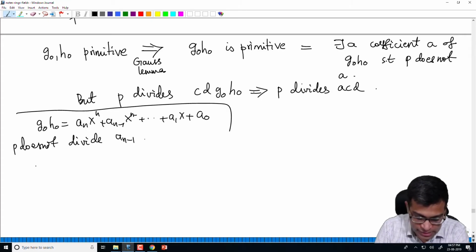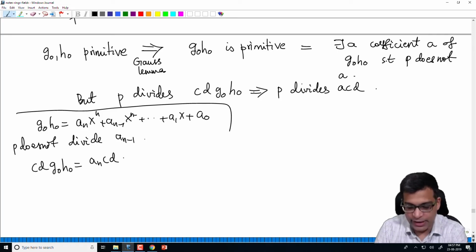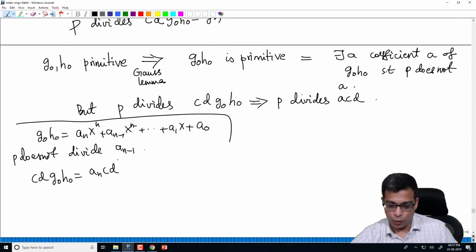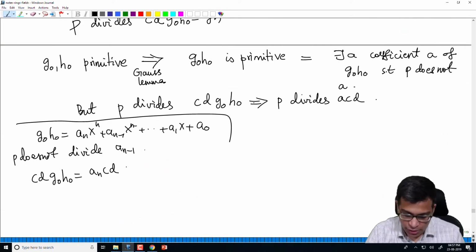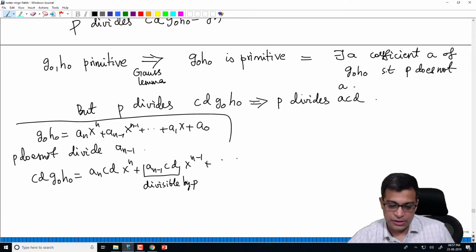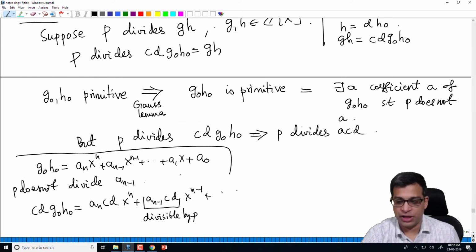Then what is c d g0 h0? It is a_n c d x^n, a_(n-1) c d x^(n-1) and so on. c and d, remember, are integers, because we are really dealing with integer polynomials, so the contents are both integers. This is divisible by p because p divides the polynomial gh, which is actually c d g0 h0.